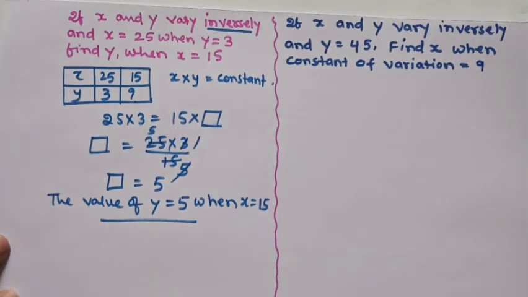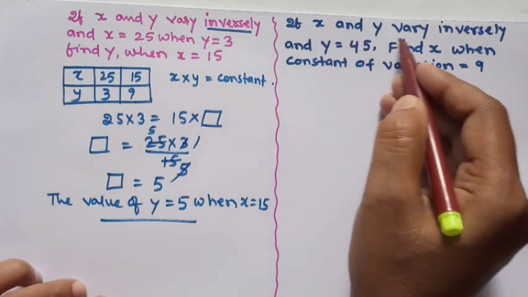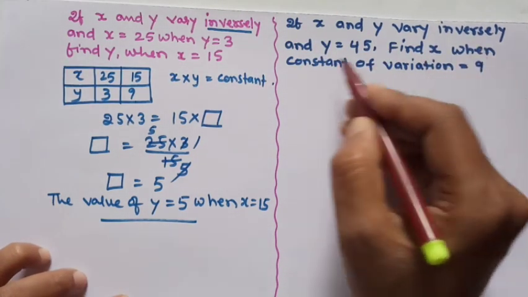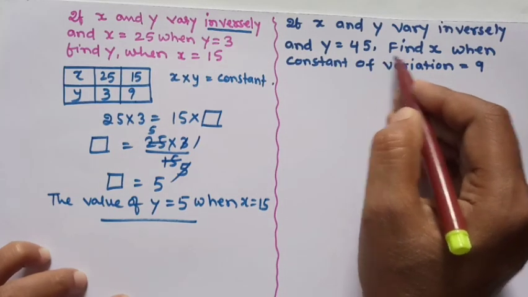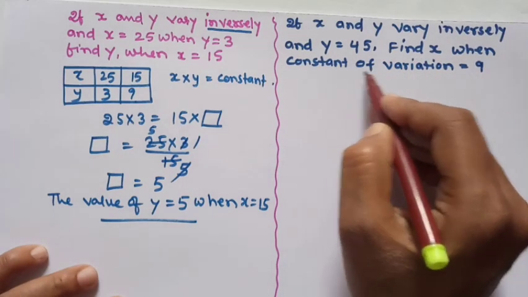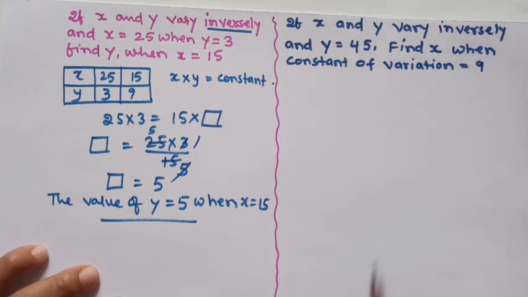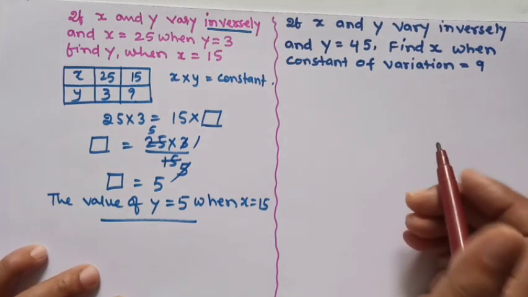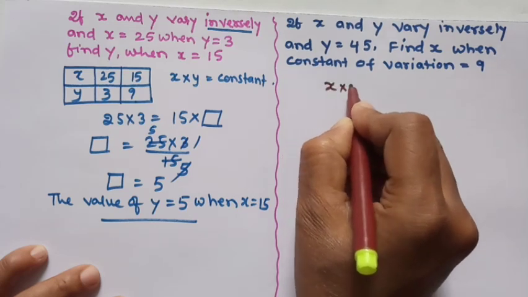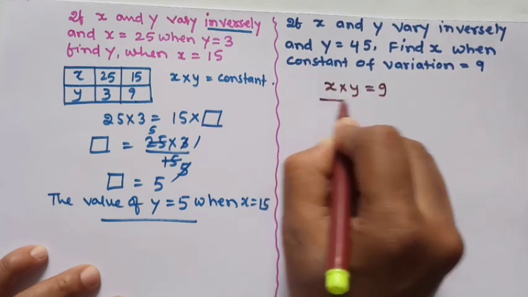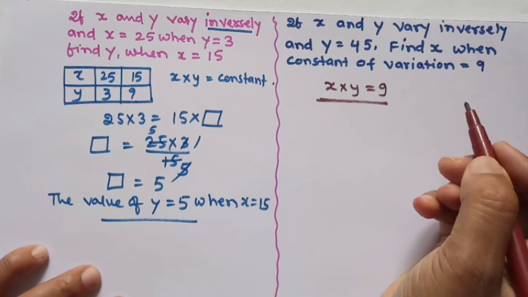This is your answer. Now see here, if x and y vary inversely and y is equal to 45, find x when the constant of variation is 9. Constant of variation is given as 9. That means here x into y is given as 9. You have to note down this.